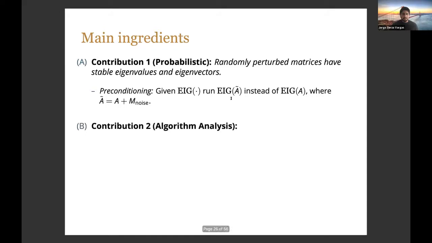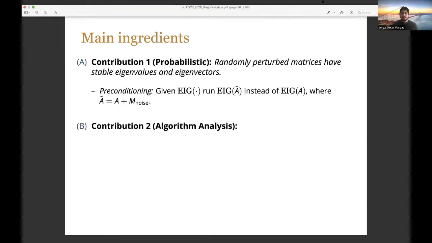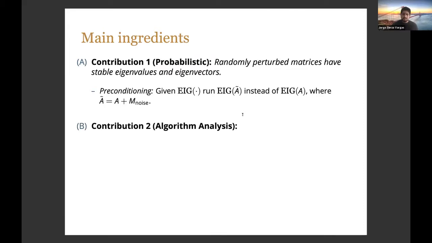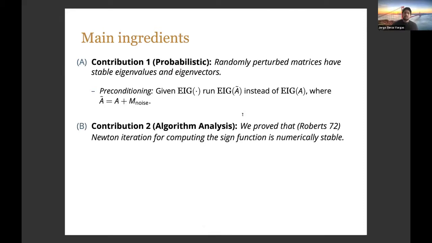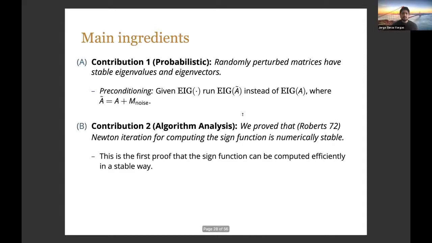This is a fundamental step in our analysis, and we show that this preconditioner, adding random noise, is very effective. Our second contribution can be thought of as an algorithm analysis contribution. We proved that Roberts-Newton iteration for computing the sign function is numerically stable and globally convergent, and one can do it efficiently. To give you some context, this is the first proof that the sign function can be computed efficiently in a stable way for arbitrary matrices.